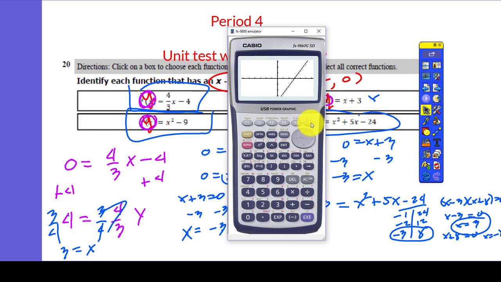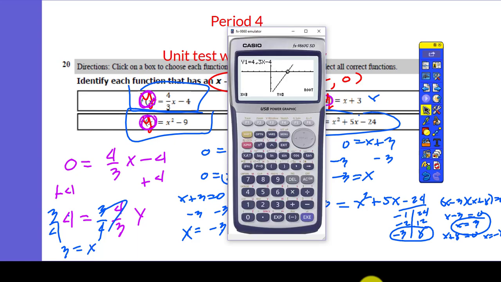Remember, I need my x-intercept. So how do we get my x-intercept? You go to G-Solve, which is written in yellow, so I have to use shift, and then F5. Now root will come up. It will give you your x-intercept, which is equal to 3. And that's what we got earlier, x equals 3.